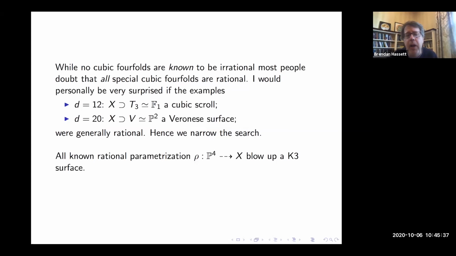There was a question a while back about whether you can have non-trivial birational equivalences among hypersurfaces without them being rational. And the case of the cubic fourfolds containing the Veronese surface is an example of this. So there's a paper by Kuan-Wen Lai.